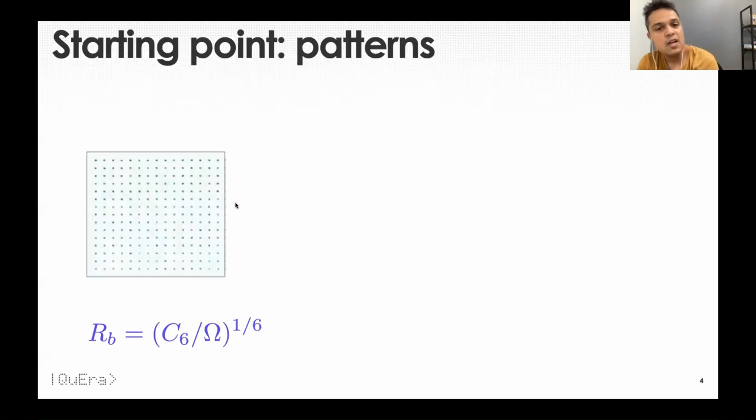Let's see. The starting principle here is going to be patterns, right? Let's say I put here a square lattice of atoms, and never mind this thing on the bottom, we'll get to it. And I'm going to drive it, and I want to see what collectively happens with these atoms.